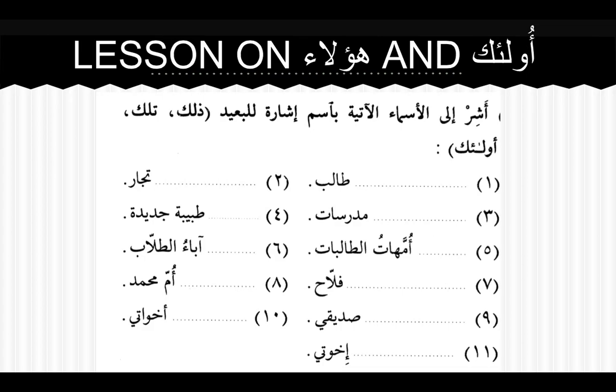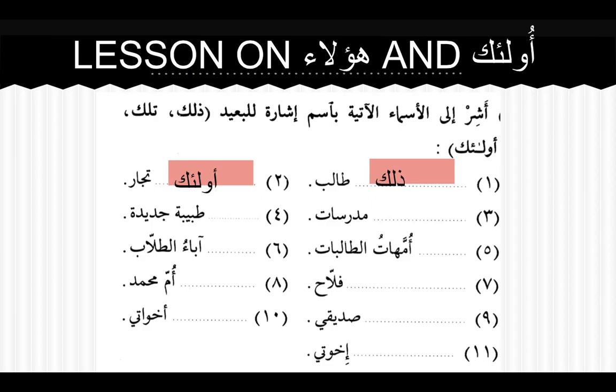Here we're going to do some exercise. We are going to put the appropriate ismul ishara lil ba'id. We have dhalika, tilka, and ulaika. For talibun, it will be dhalika. Tujjarun, the plural of tajirun, will be ulaika.